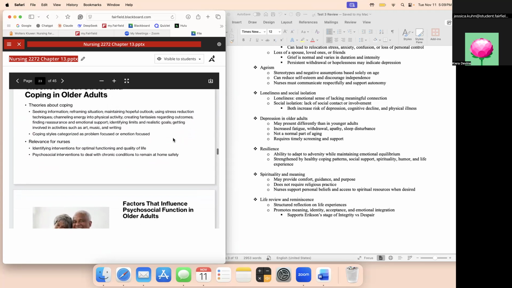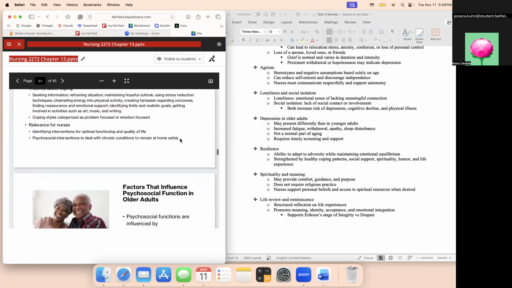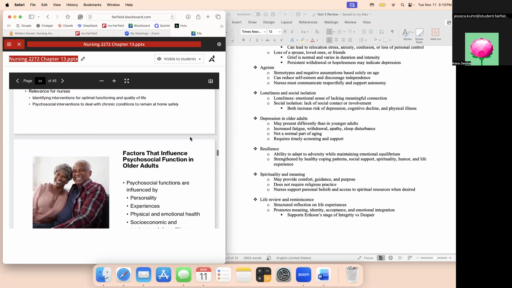Coping styles are categorized as problem focused or emotionally focused. Why this is relevant for nurses seems important: identify interventions that optimize functioning and quality of life, psychosocial interventions, and deal with chronic conditions to remain at home safely.